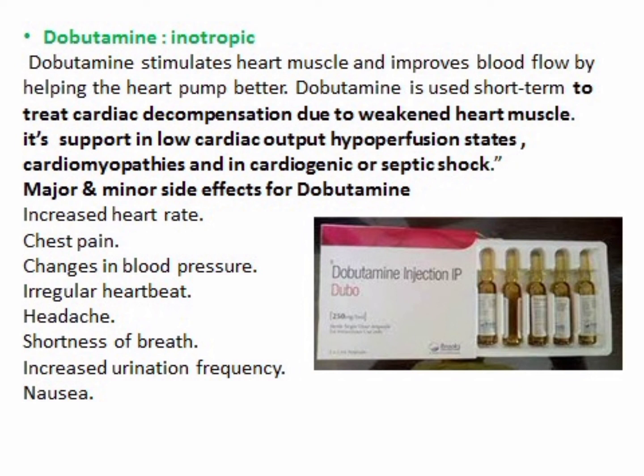Major and minor side effects are increased heart rate, chest pain, changes in blood pressure, irregular heartbeat, headache, shortness of breath, increased urination, nausea. So, dobutamine is also one of the inotropic drugs. It is also an emergency drug.